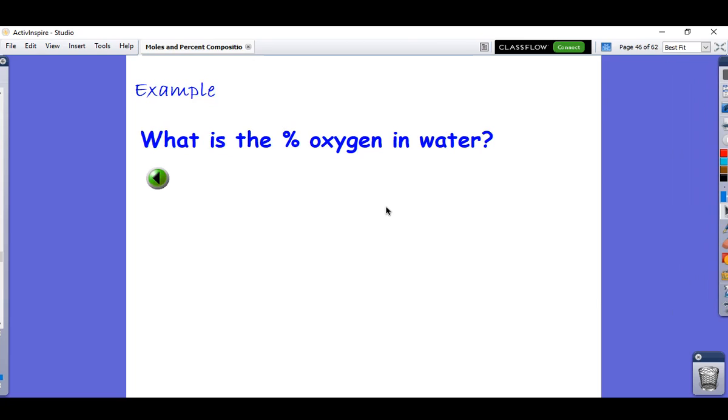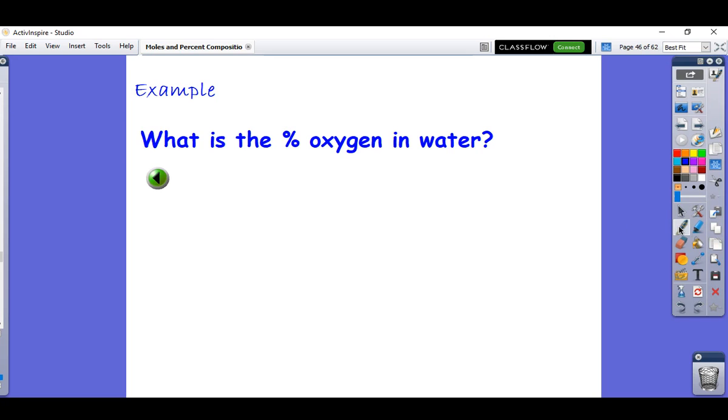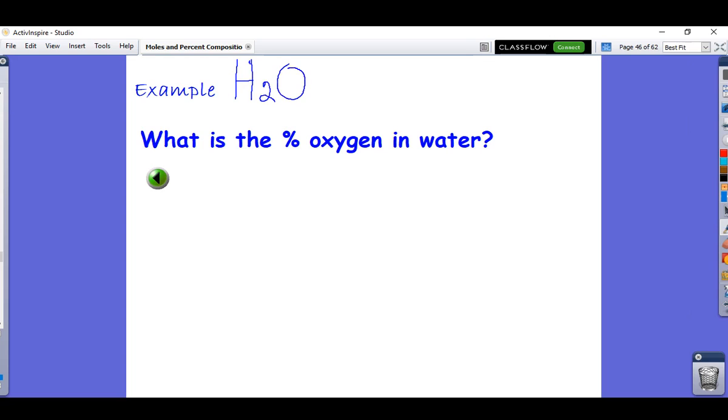It's asking, what is the percent oxygen in water? Water has a formula of H2O. The first thing I want you to do is find the molar mass of water.